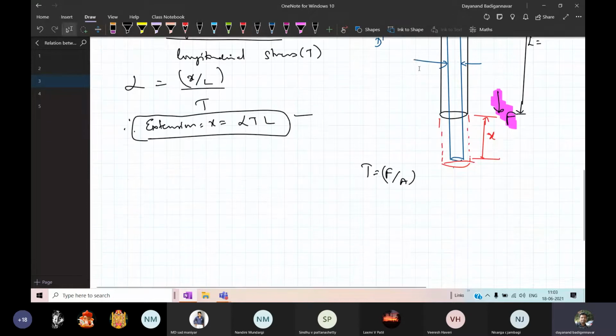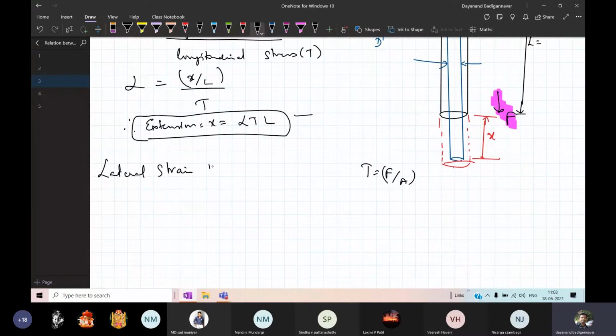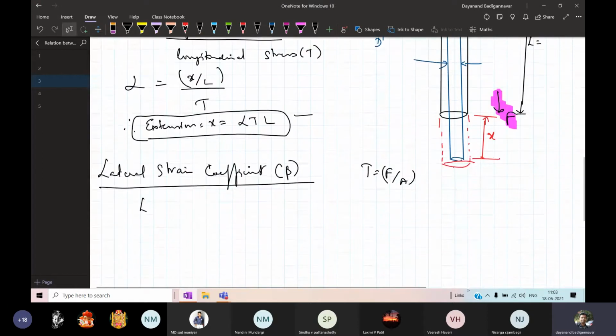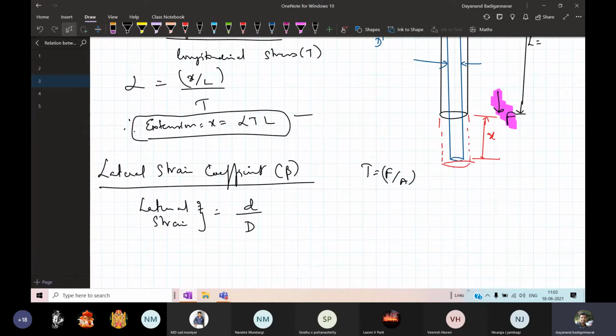And similarly, you know that there is another term called the lateral strain coefficient. This is very important: beta. I have defined beta in the same way. So what is this lateral strain? We have defined lateral strain as the ratio of change in diameter of the wire to the original diameter.